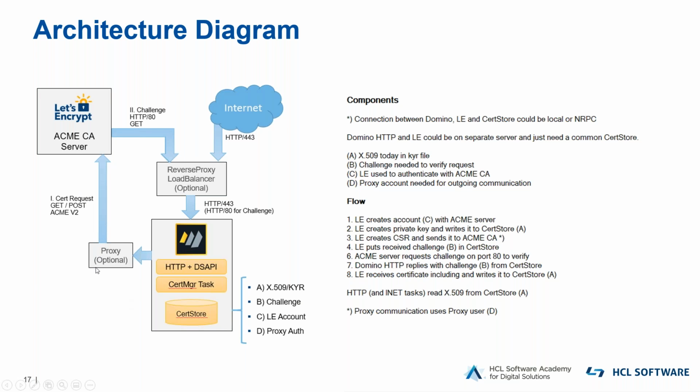It could use a proxy, and it can also use authenticator proxies. And then we have a DSAPI filter, which is intercepting incoming challenge requests. This could be either directly or through a load balancer reverse proxy.